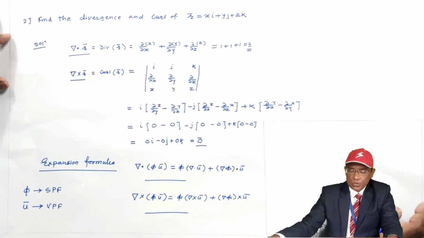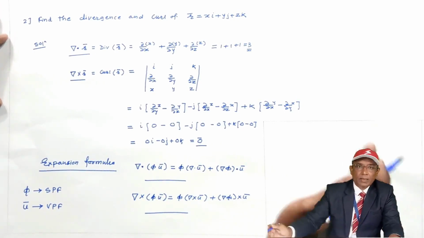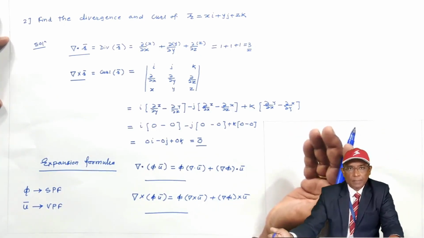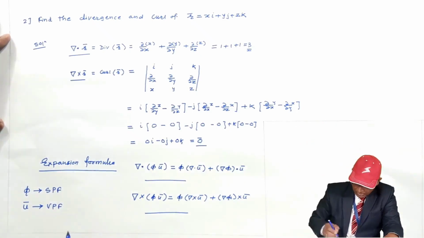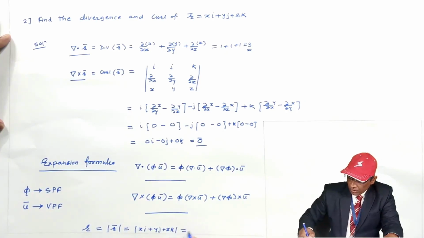Vector identities means problems involving del cross, del dot, and r. r is the magnitude of r bar, the magnitude of xi plus yj plus zk, which is the square root of x squared plus y squared plus z squared. The magnitude of a vector is written like this.